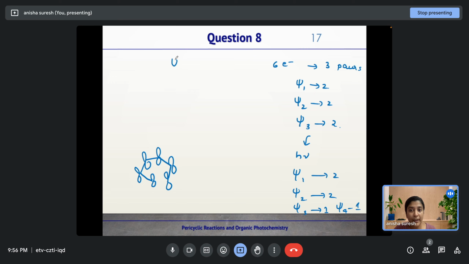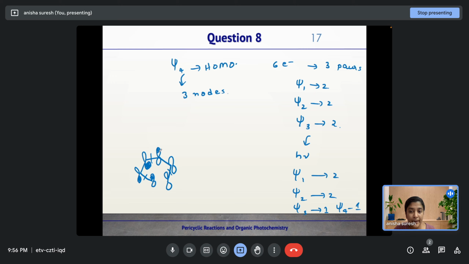So psi 4 will be the HOMO. Psi 4 will be having 3 nodes. So here 1, 2, and 3. So we can write it like here 1 node. Okay.